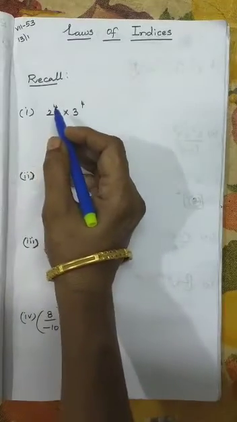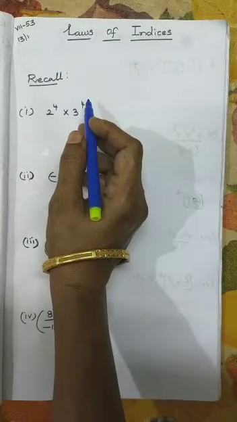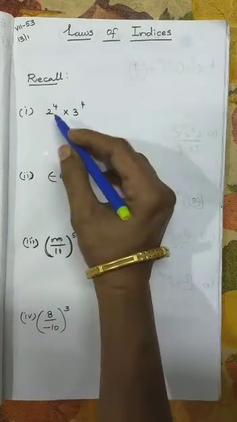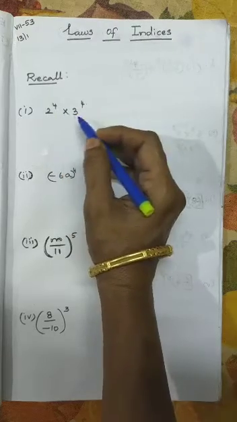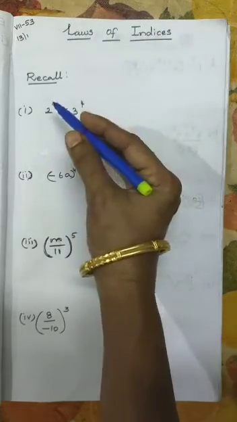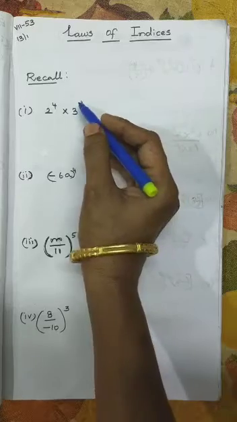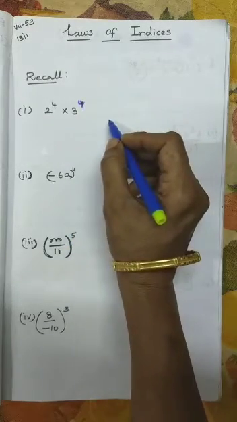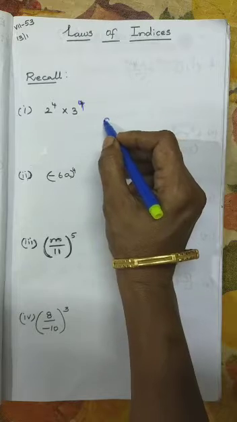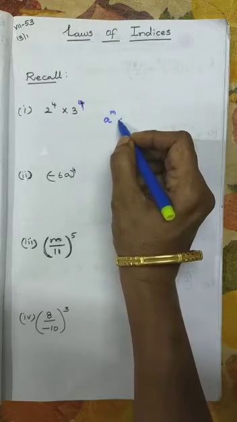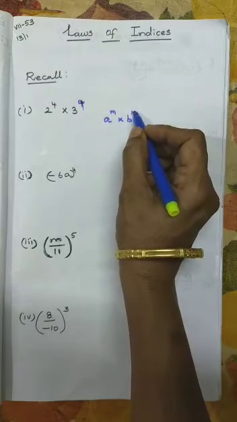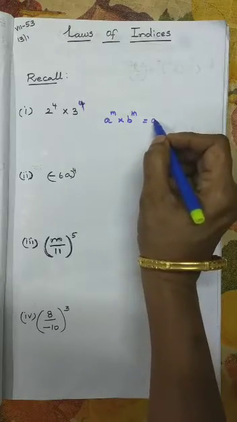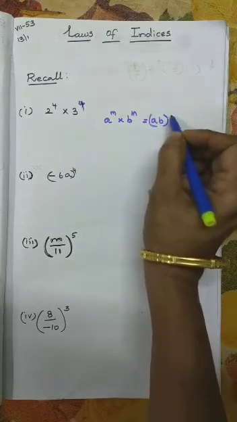For example, 2 power 4 into 3 power 4. Here the bases are different and the powers are the same, isn't it? So which formula do we have to use? a power m into b power m equals ab the whole power m.